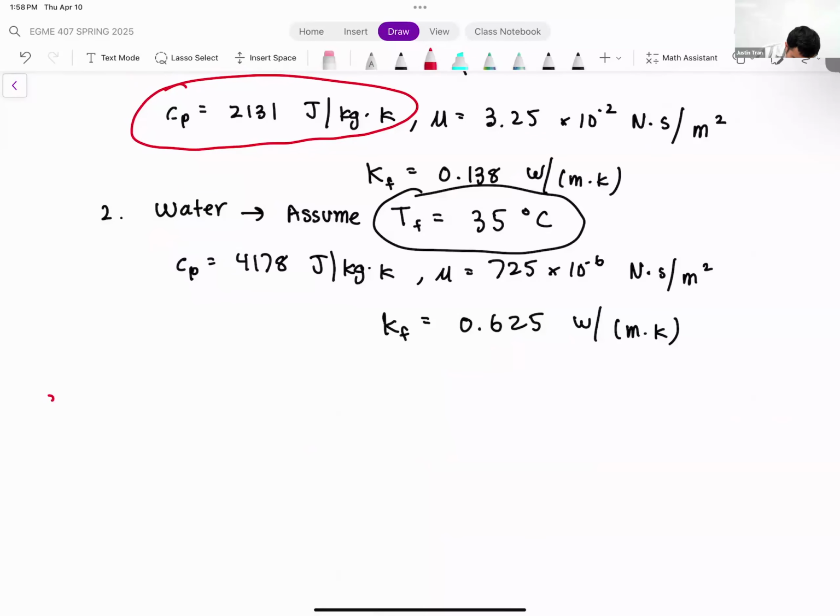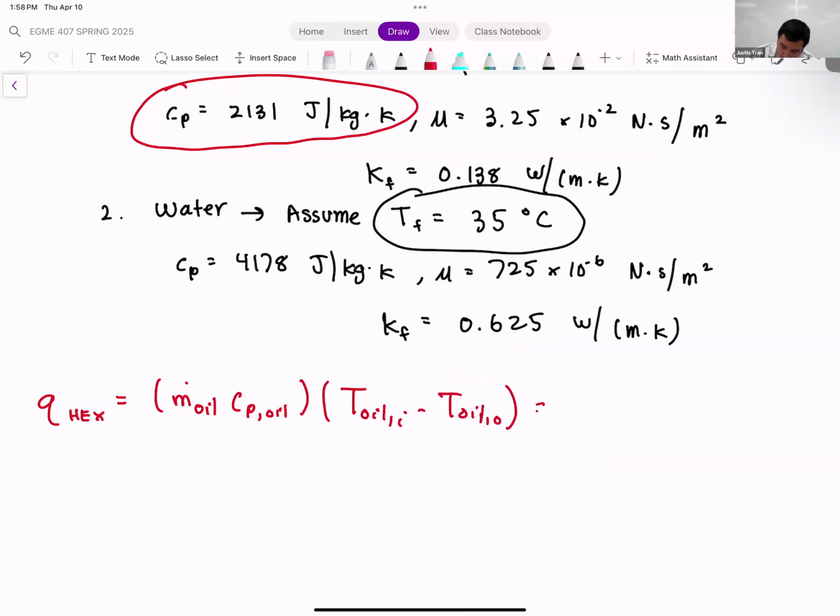So we have Q hex equal to m dot of the oil, CP of the oil, multiplied by its inlet and outlet temperatures. We have everything for that, and so we get an amount of heat transfer of 8,524 watts.